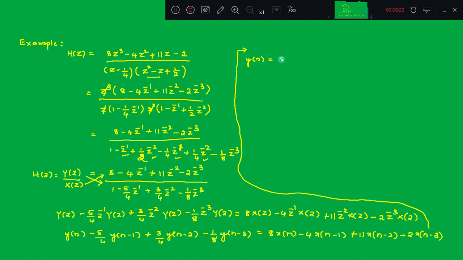First I will write the right hand side terms as it is, minus 4 times x of n minus 1 plus 11 x of n minus 2 minus 2 x of n minus 3, then we will take these y terms to the right side, that is plus 5 by 4 y of n minus 1 plus 3 by 4 y of n minus 2.